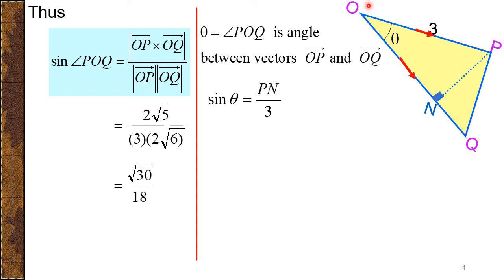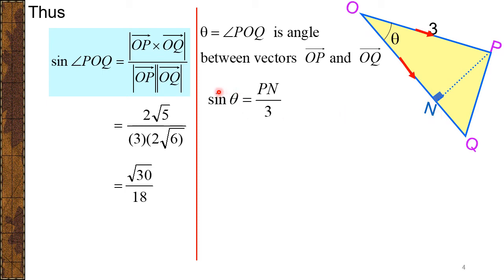But we don't want OQ until the end; we want the point where point P will be perpendicular, until point N. So actually we want to find this distance, that is PN. So it will form this triangle: OP, PN, and ON.